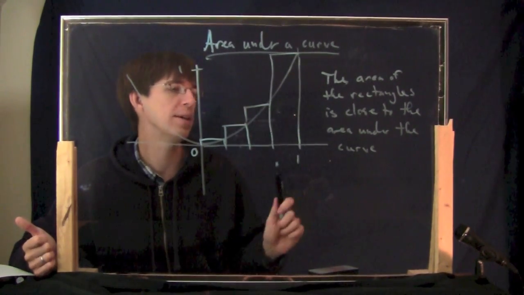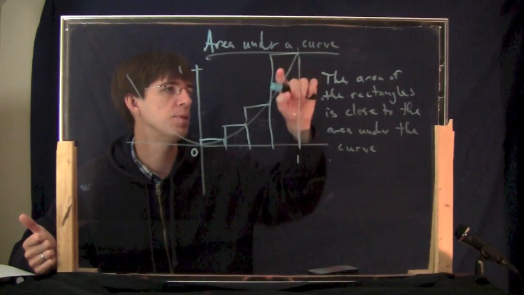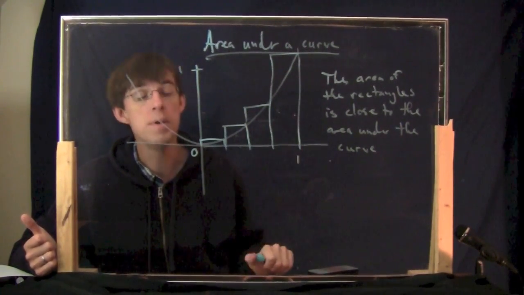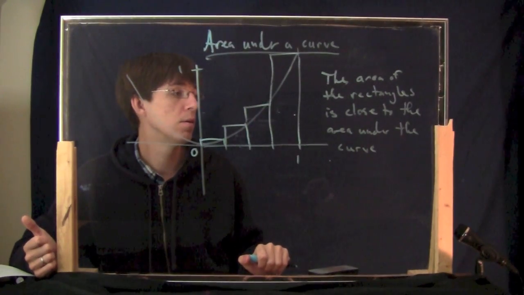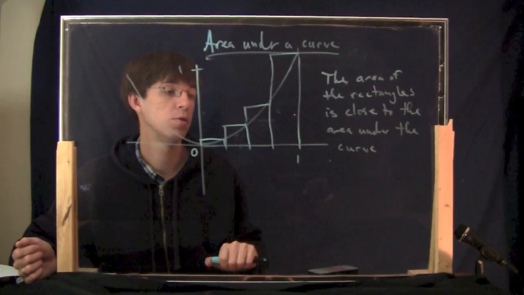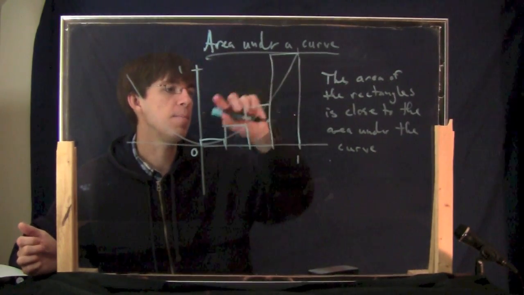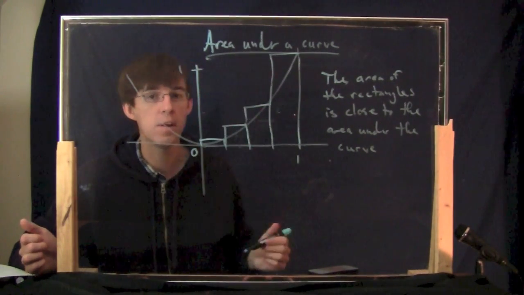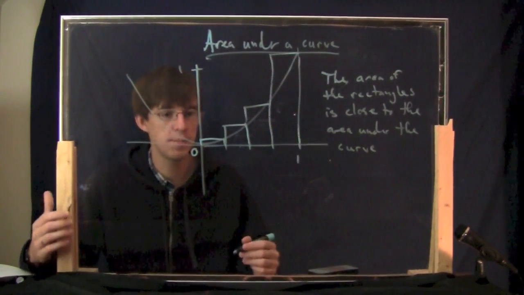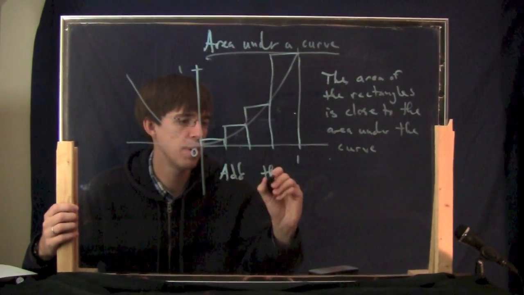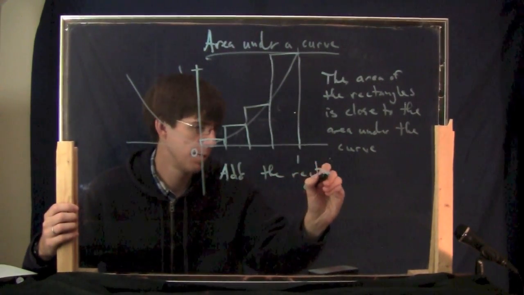Actually, it would be an overestimation in this case because of these bits here which stretch above the curve, right? But it would be an estimation to the true area under the curve. Actually, there's a name for this kind of way of computing the area or of estimating the area. So let's actually just do it. Add the rectangle areas.